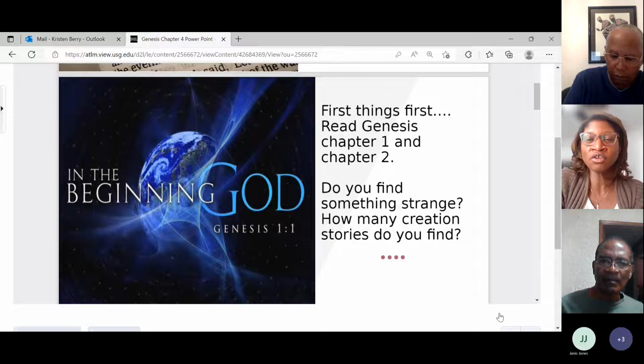So this is what we are going to do virtually. I'm going to pull it up so that we can read together, and we are going to put our examination glasses on.